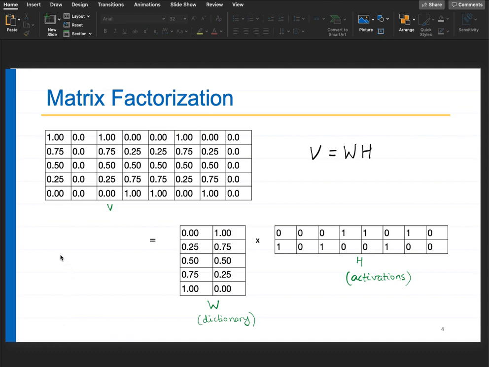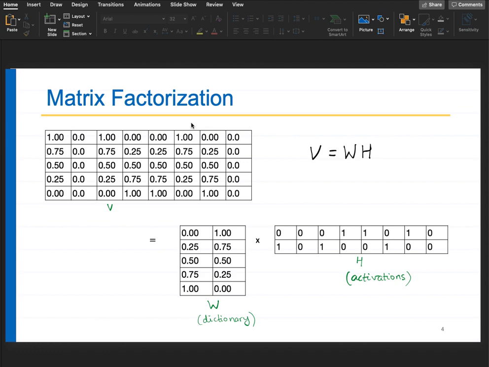Okay, so how do we represent it? We say this is my V. V is the original data matrix. And I want to decompose it into two matrices. One is W, which is the dictionary. The dictionary entries are the actual entries which are there in our data, the columns of the data, and then H are the activations.